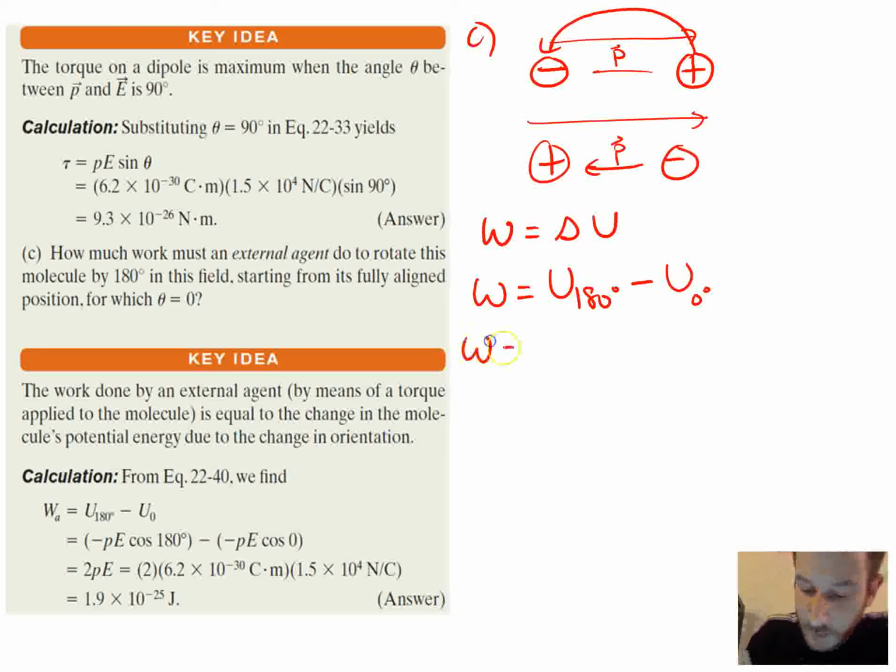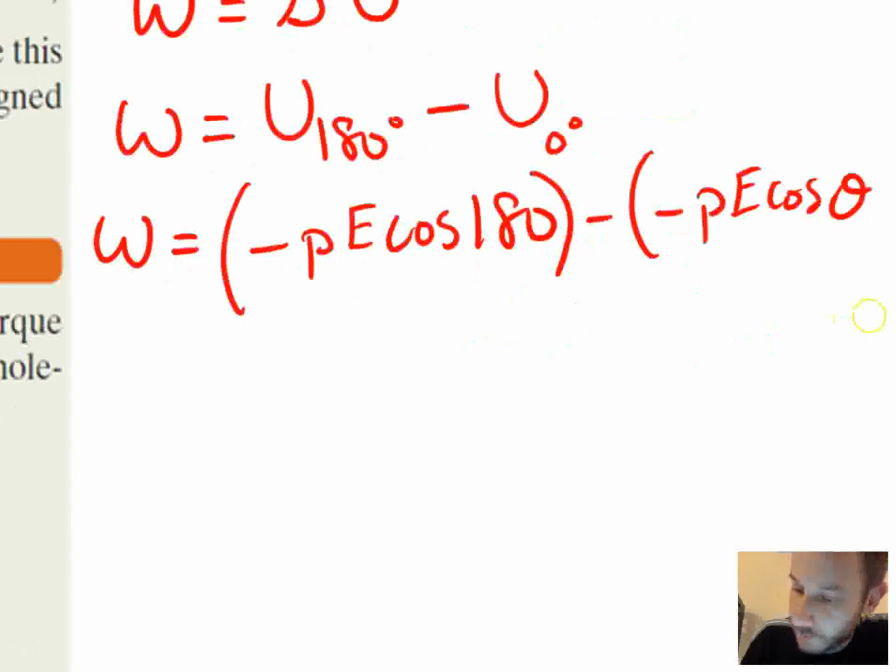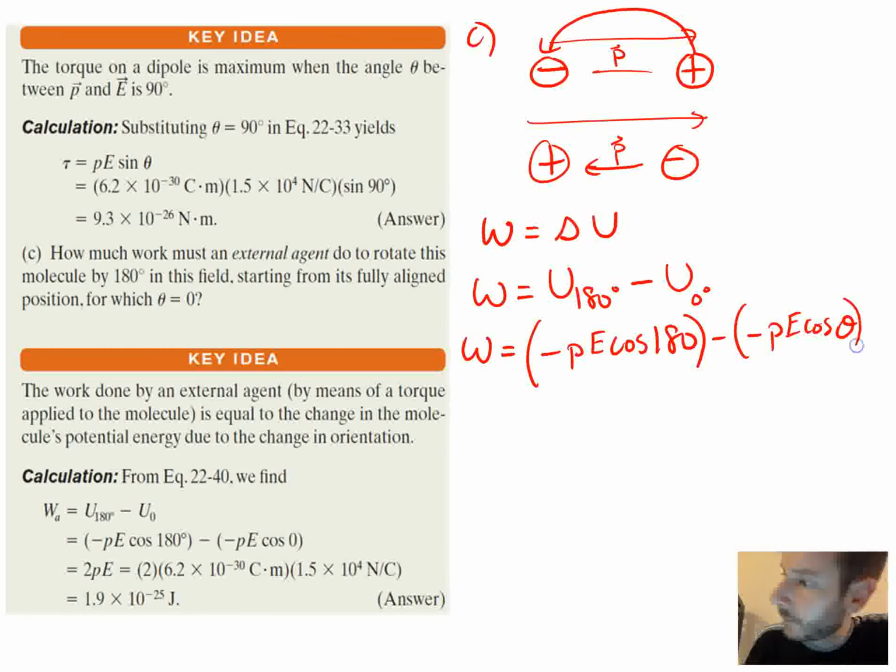Okay. Plugging things in from here, we use the same equation. So for our U, we have negative dipole moment times E cosine of 180 minus negative dipole moment times E cosine of 0.